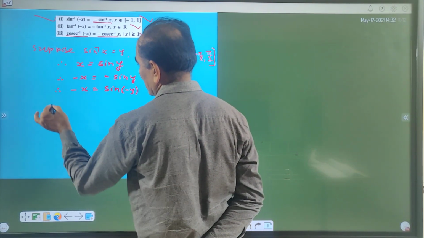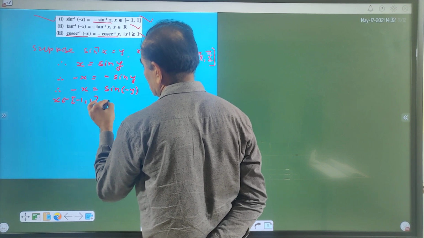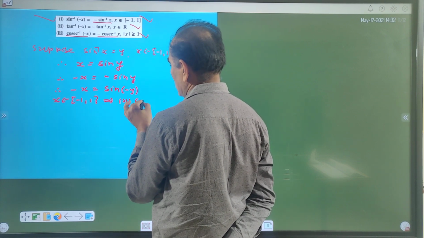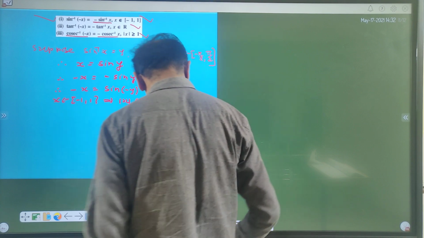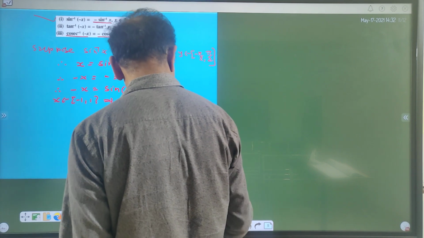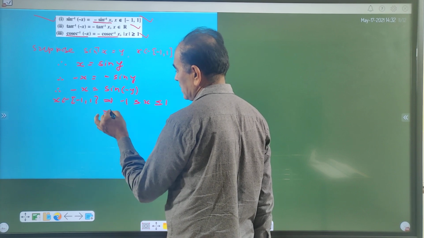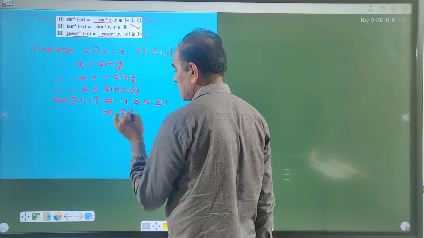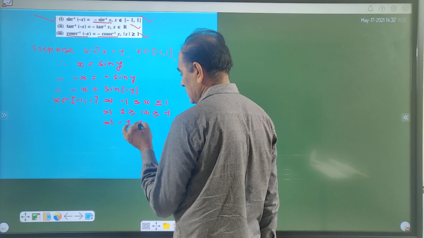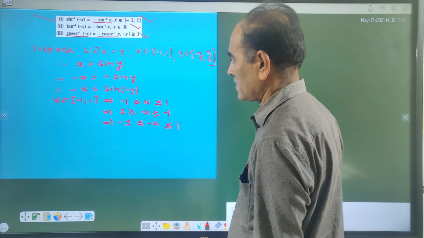Now x belongs to closed interval minus 1 to 1 means minus 1 less than or equal to x less than or equal to 1. Multiplying by minus 1, 1 greater than or equal to minus x greater than or equal to minus 1. So minus x is also between minus 1 and 1.